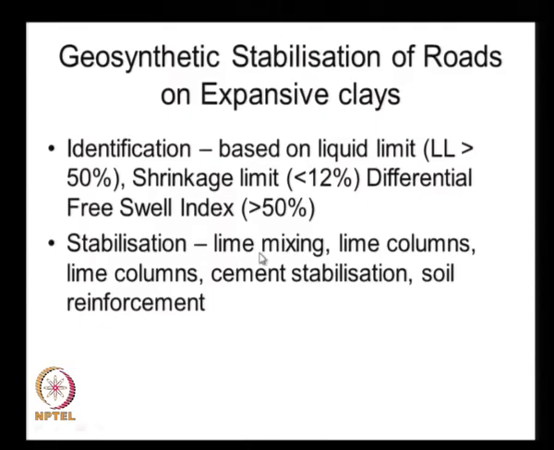Traditionally, lime mixing, directly mixing the lime with the subgrade soil, or installation of lime columns, or cement stabilization, that is we can use cement to bind the soil particles together so that our swelling tendency is reduced, or we can use soil reinforcement, that is by providing some reinforcement layer we can suppress the swelling tendency.